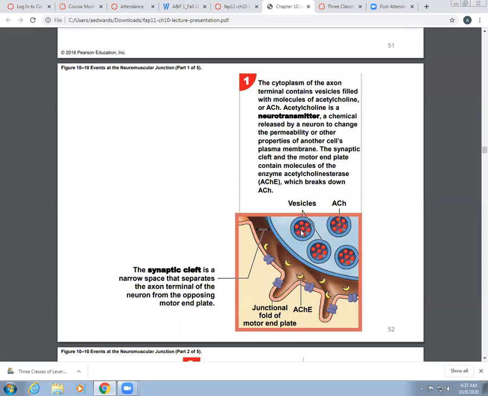These vesicles have acetylcholine inside of them, and again, acetylcholine is a neurotransmitter. It changes the permeability of the skeletal muscle fiber's plasma membrane. You also have some molecules of acetylcholinesterase here that help to break down acetylcholine, so you have some homeostasis built in there.